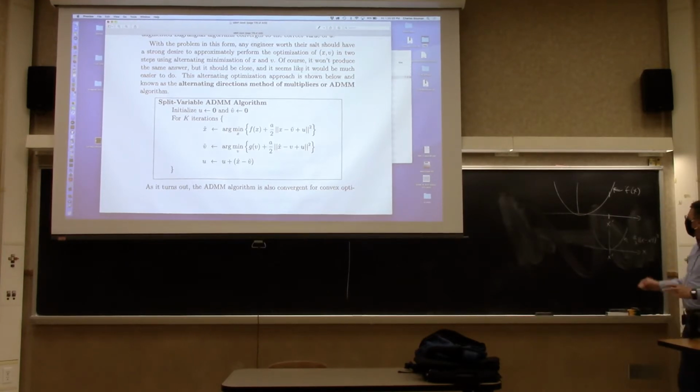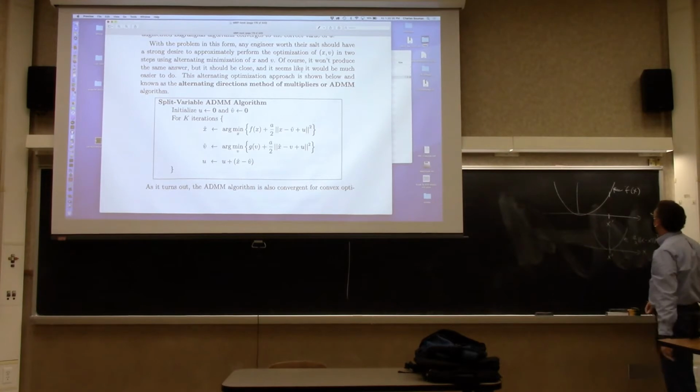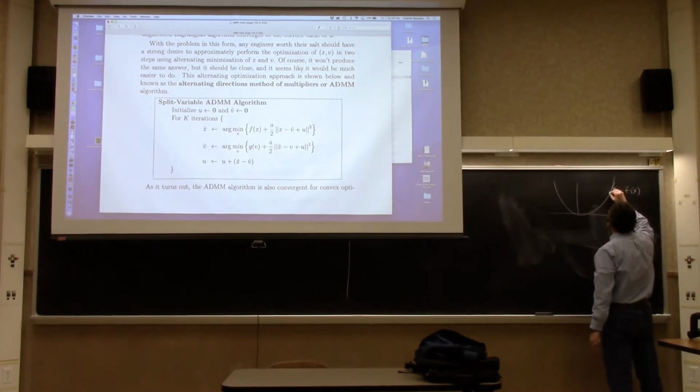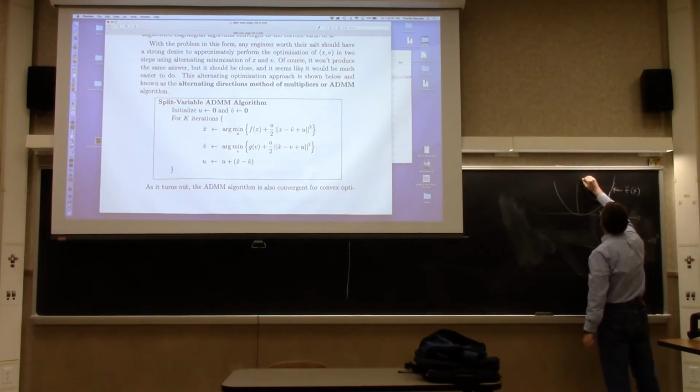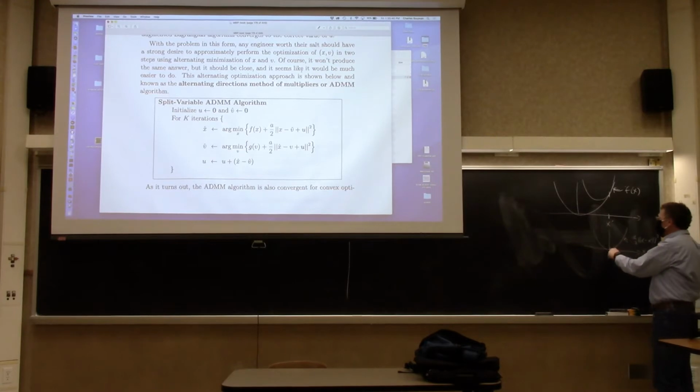So if I add these 2 functions, I get something that looks like this, because this function's 0 here. So this is like a surrogate function.